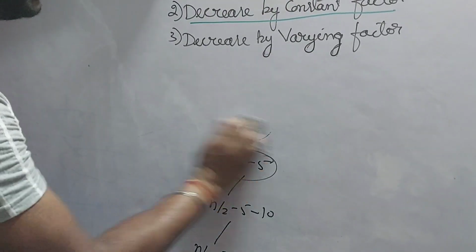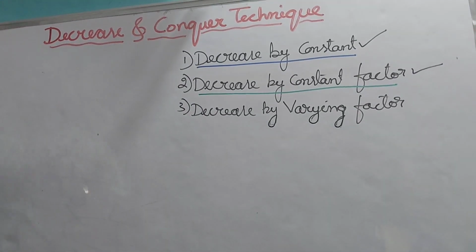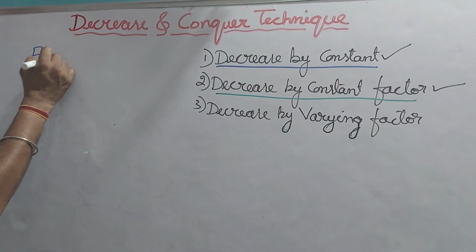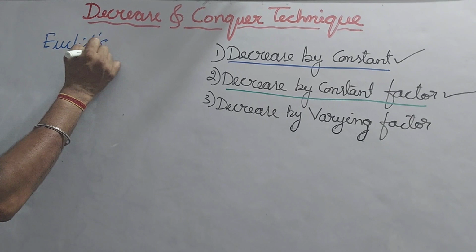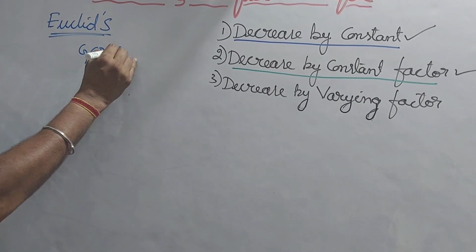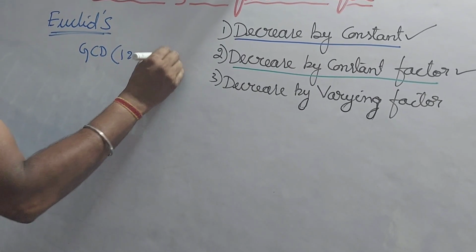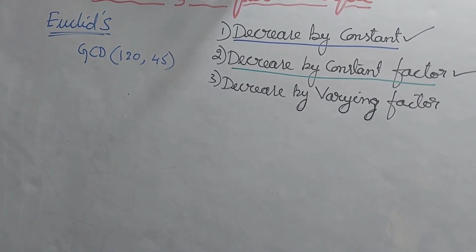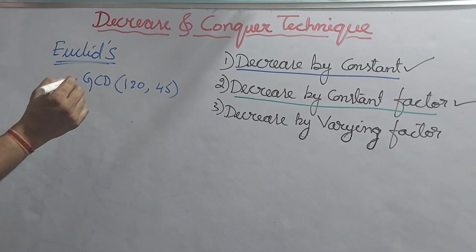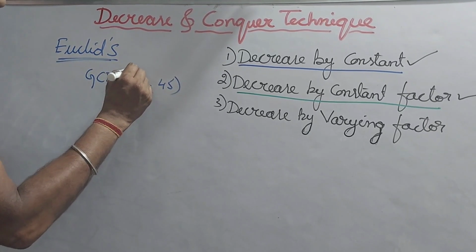Let us see one best example for this, that is Euclid's algorithm to find the GCD. Assume I want to find the GCD of 120 and 45, for example. These are the two numbers, m and n.